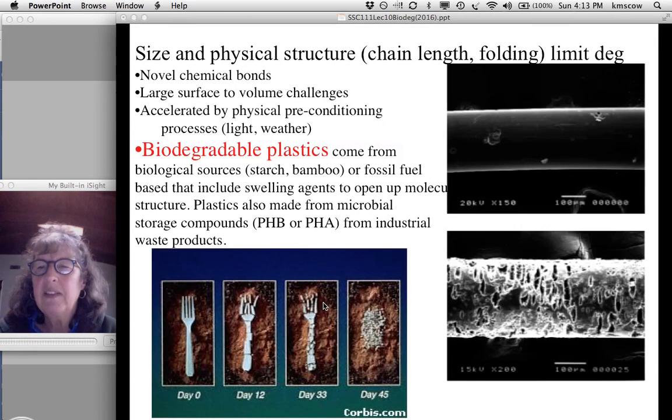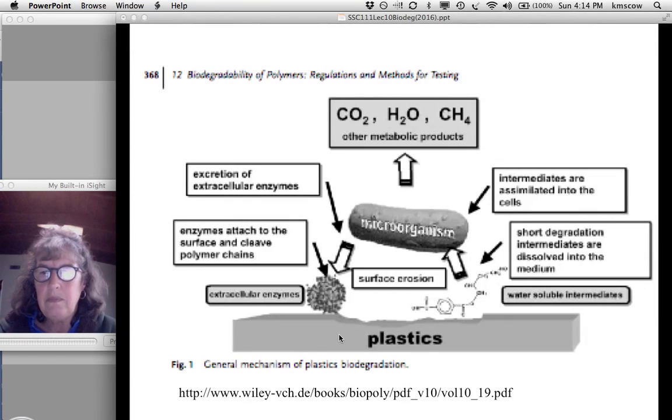And there's also plastics now made from microbial storage compounds like polyhydroxybutyrate that break down really fast. And those are some of the products that the university uses for events, biodegradable plastics. Okay, and this is just a picture that's showing you plastic being broken down and what are some of the steps involved in it.